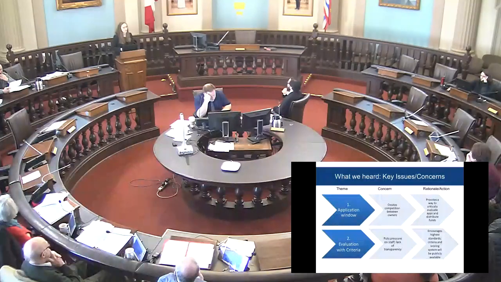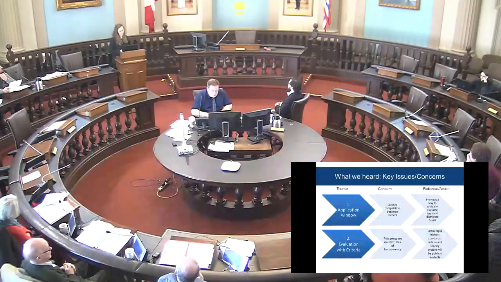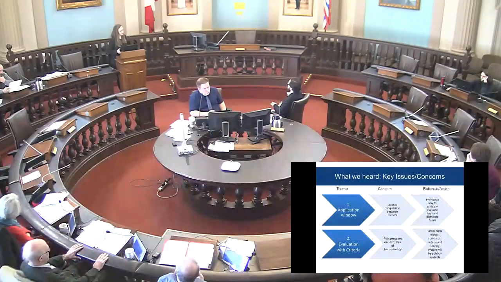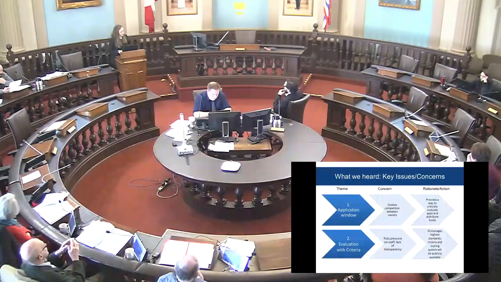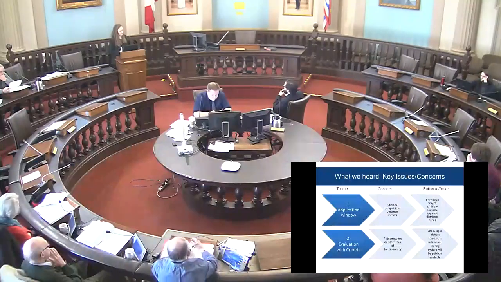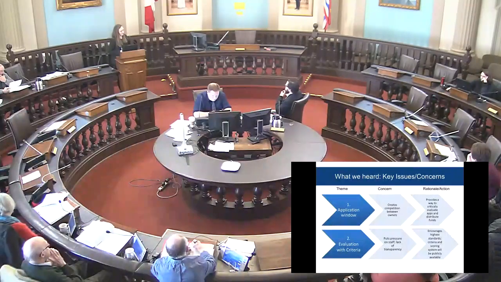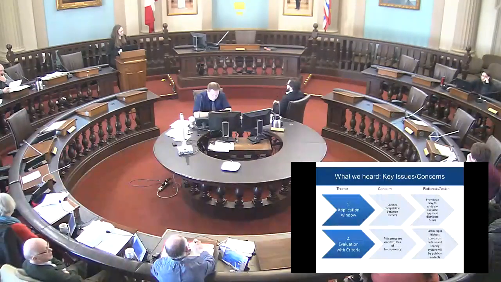So I just want to go over a little bit today the key concerns that we heard throughout this process. We've grouped them into about 5 themes, which relate to the application window, as well as the evaluation criteria. And those two go together with respect to moving away from the first-come, first-served style and a lack of transparency in using criteria to evaluate and assess grant applications.